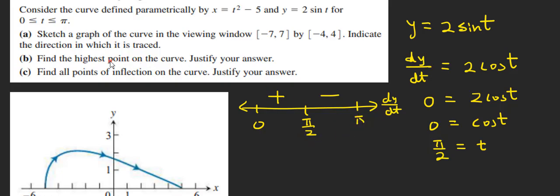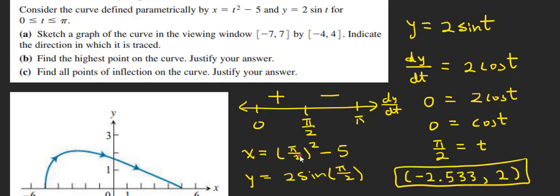Now, we need to find the highest point on the curve. Since the highest point occurs when t equals pi over 2, because the sign changes from positive to negative, we have to plug that t, pi over 2, in over here.